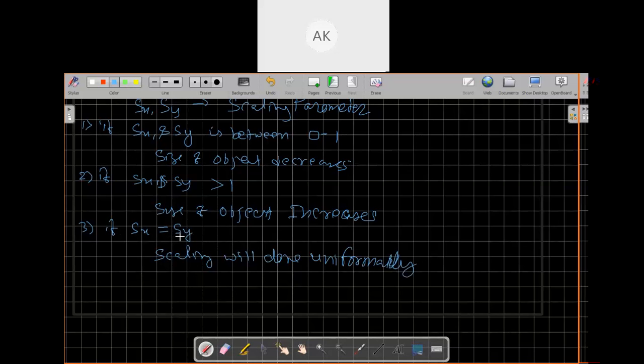When these scaling parameters are equal, the scaling will be done uniformly, meaning it will increase or decrease but uniformly.